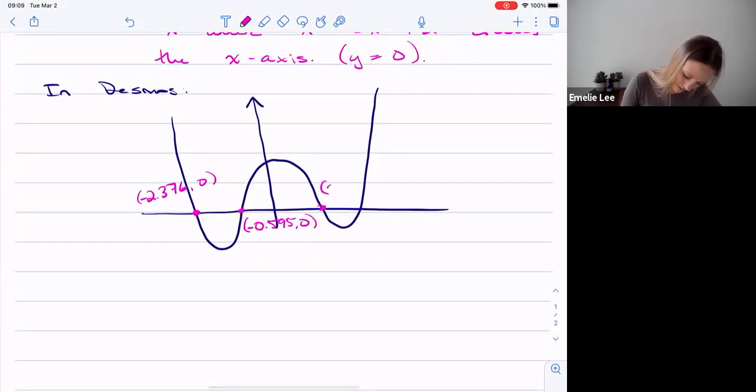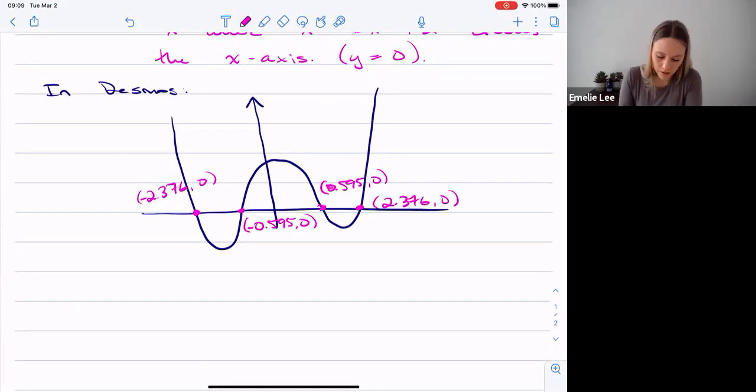And then here, these are the positive versions, 0.595, 0, and 2.376, 0. So your solutions are going to be these values here, and it should accept the decimal versions.